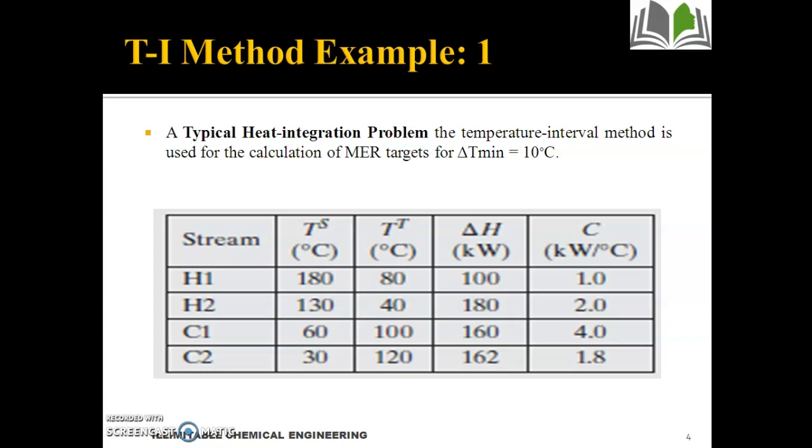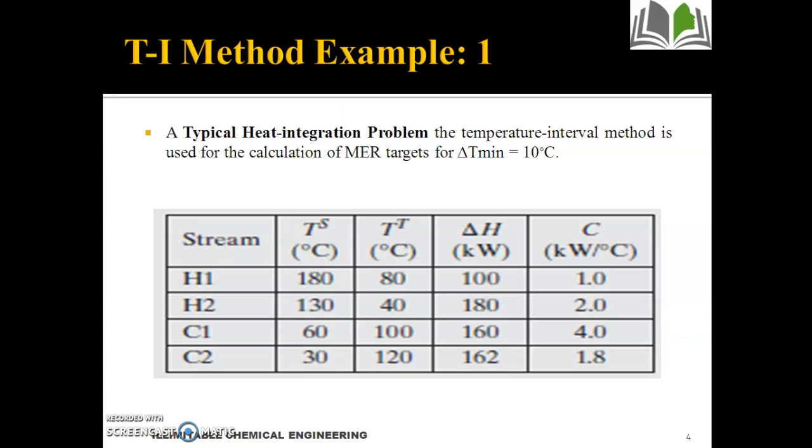The table shows the question's data. There are a total of 4 streams, 2 hot streams and 2 cold streams: H1 and H2 are hot streams, C1 and C2 are cold streams. Ts is our source temperature, given for H1, H2, C1, C2.